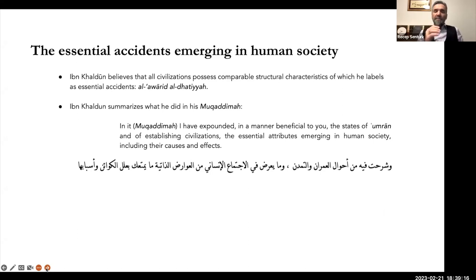So this is how he says, I explained in my book the states of civilization and socialization, and the attributes that are attached to society and the causes of their change.